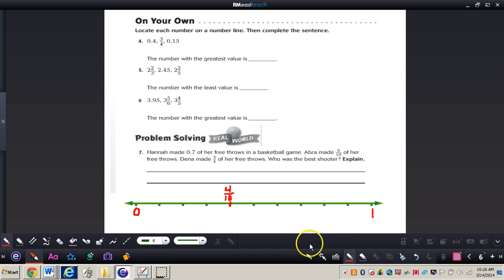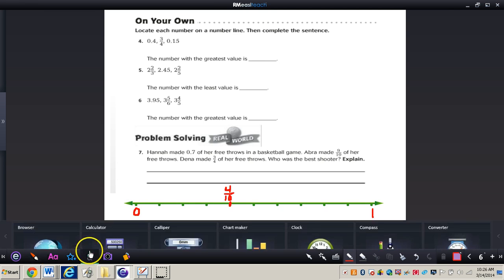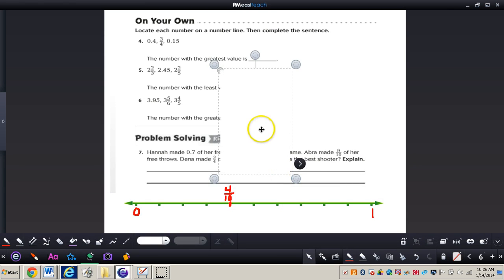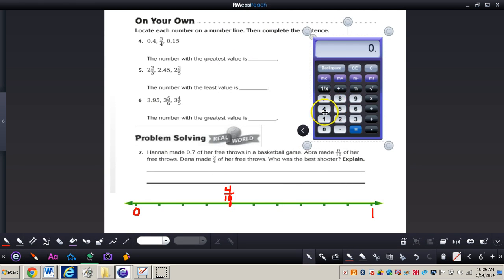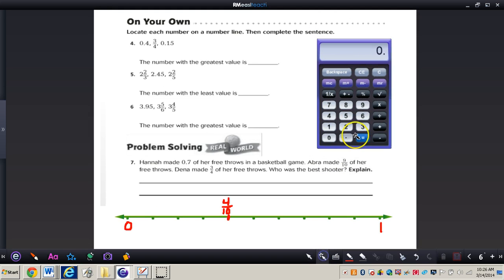4/10. Okay, now the next step, 3/4 of the way down. Now 3/4 of the way down will not necessarily be in an exact spot, but what we can do is get out our calculators, and we can take 3/4 and make that into a decimal. 3 divided by 4 is going to give us 75 hundredths.